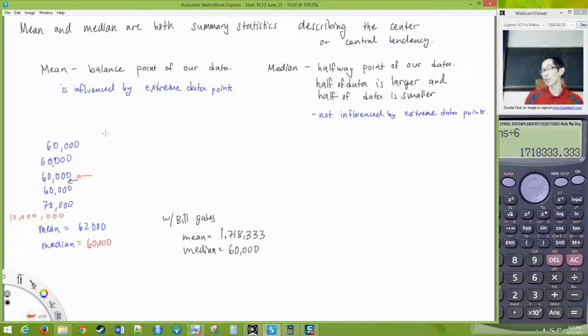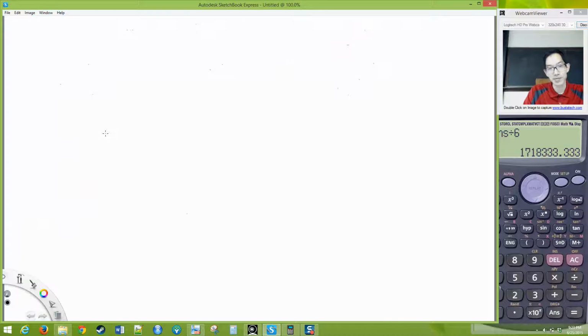So were they lying? No, that was actually true, but it could be misleading because maybe that's not really what people were expecting to see. So anyway, that's what I have to say about the mean and the median.